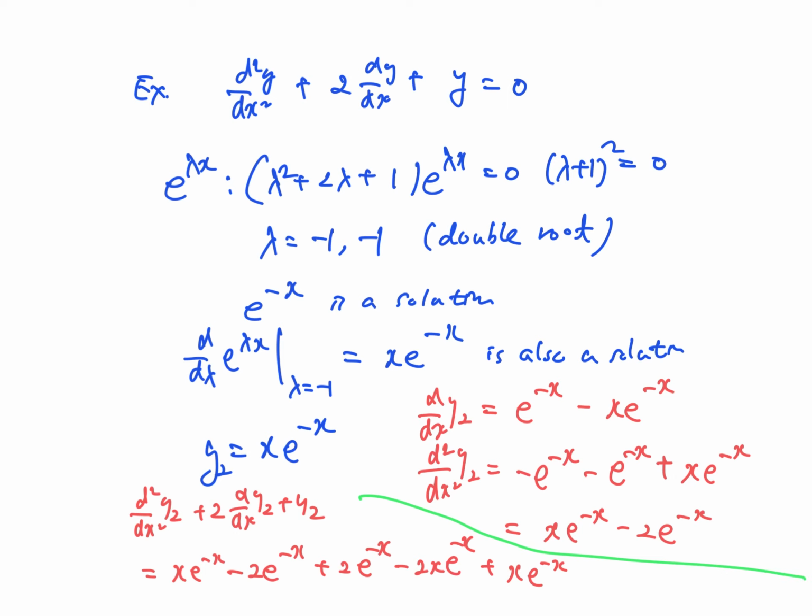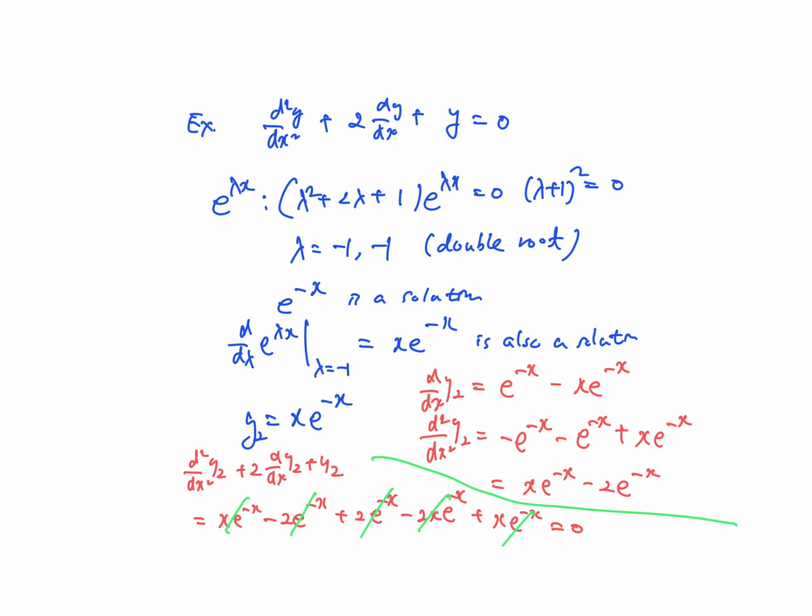So this cancels each other, and this cancels each other. So this is equal to 0. So y2 is a solution, as expected.